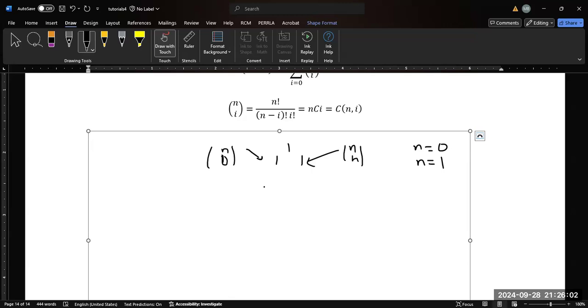If you have one item, there's only one way to organize it. You either have nothing in the list, so there's only one way to do that, or you have one thing in the list and there's only one way to do that. Kind of boring, but this is the foundation. Now on the next row, we have n equals 2. There's 3 things that we can do: no things, one thing, or 2 things.